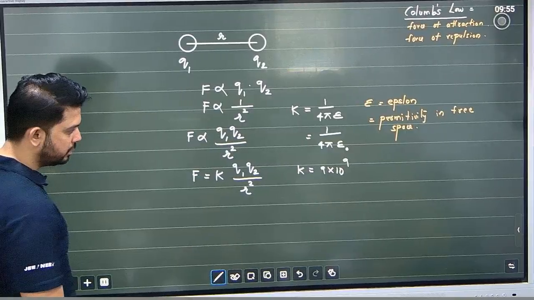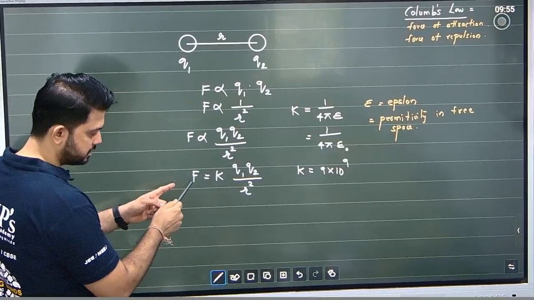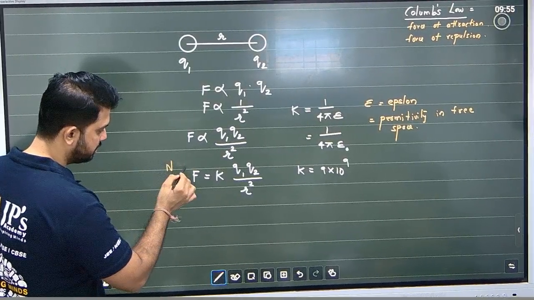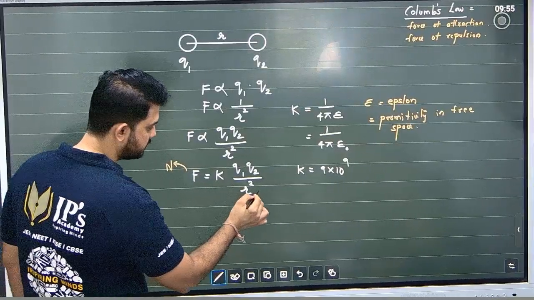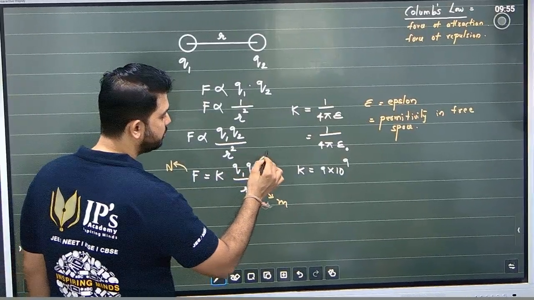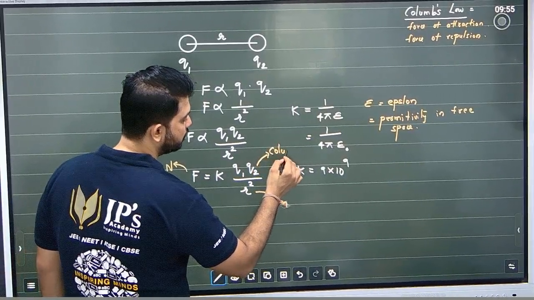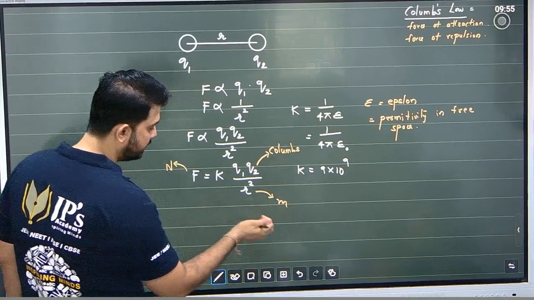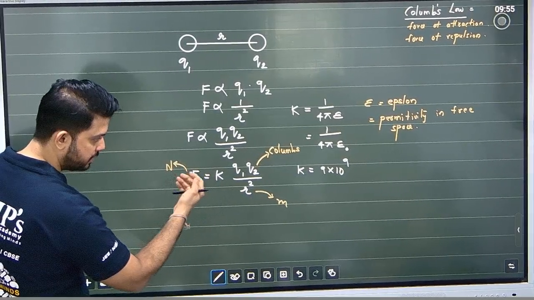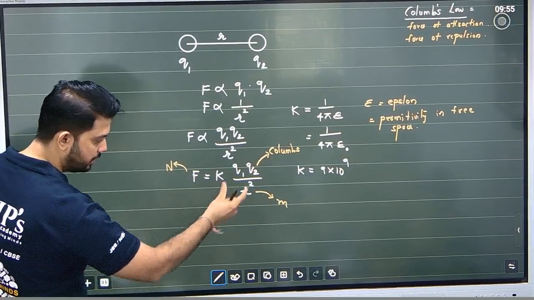And if we try to find the unit, this is force. What is the unit of force, people? Newton. Radius we will take in meters. Charge we will take in coulombs. So I'm looking for the unit of K. So this R square will go to the left. Q1 Q2 will come to the denominator.